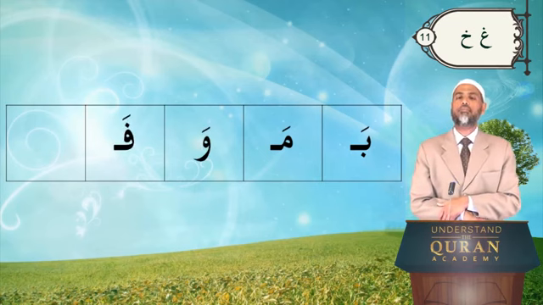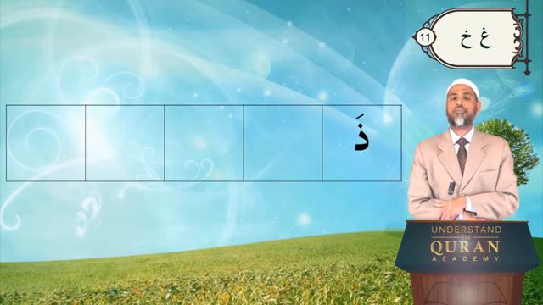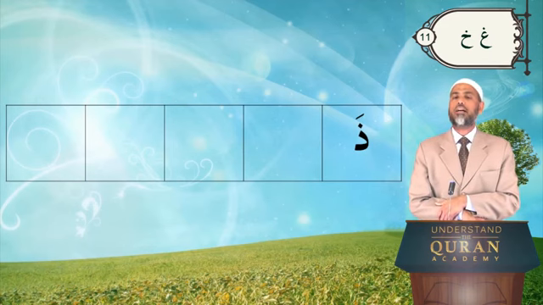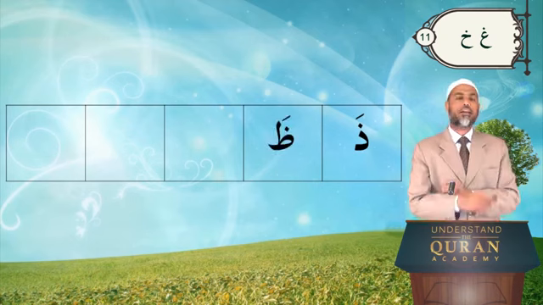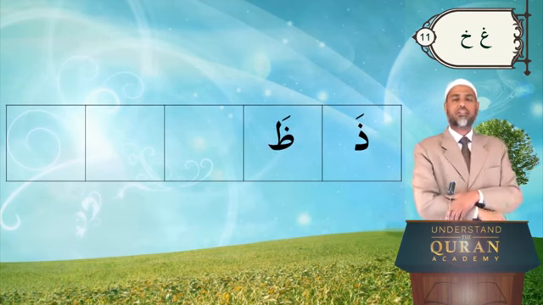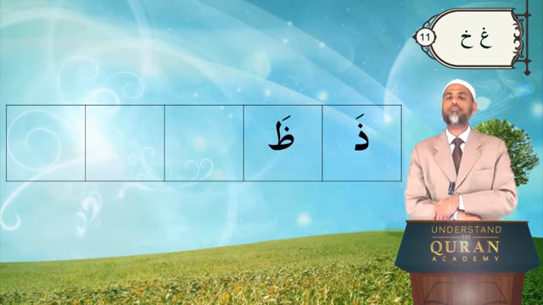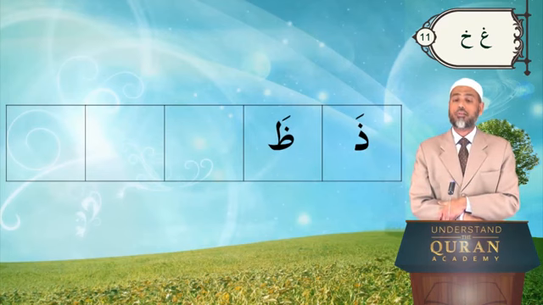Ba, ma, wa, fa, tha, the. Dot on the top, the. Okay, just like the shape of the tongue that we had explained to you. The, very thick and high sounding.